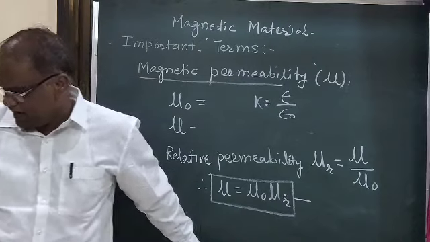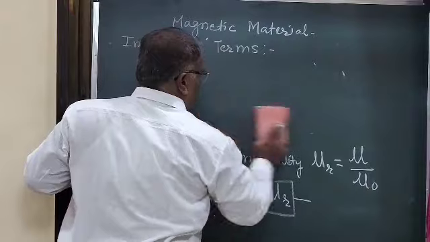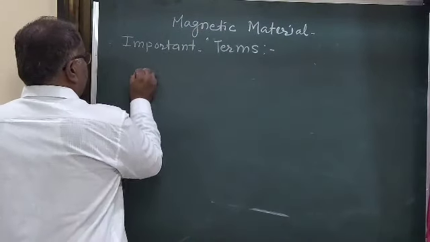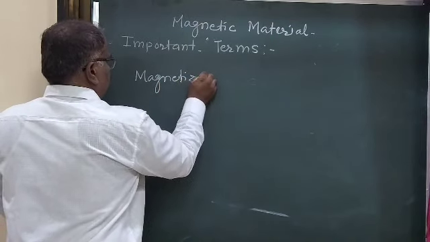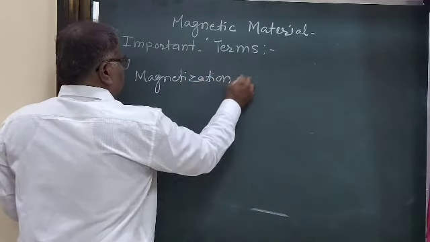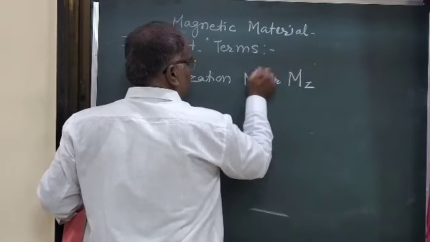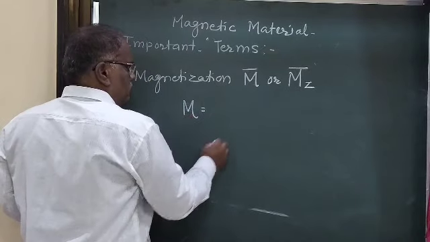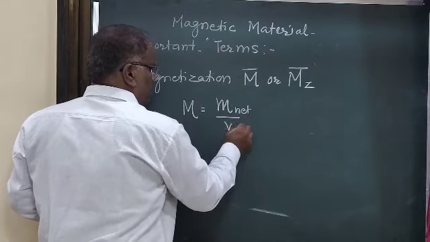Magnetization is denoted by M, or sometimes Mz. It is a vector quantity.